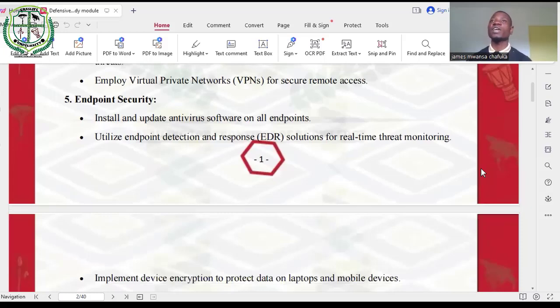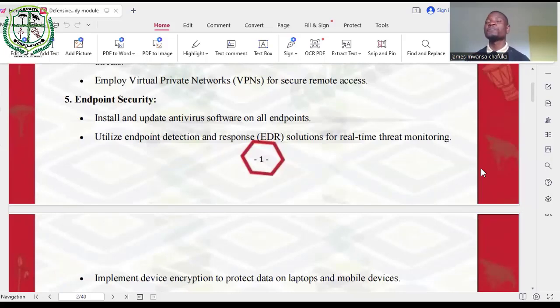And then the other point is endpoint security. On the aspect of endpoint security, we are emphasizing installing and updating antivirus software on all endpoints. It is very important to install and update antivirus software, because it is able to protect the system against any viruses that may want to attack it.